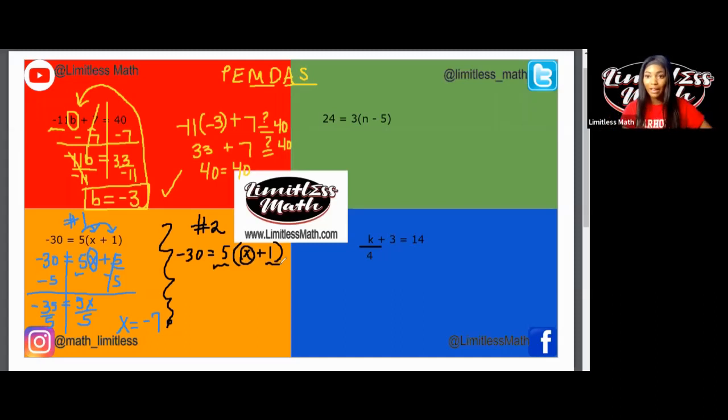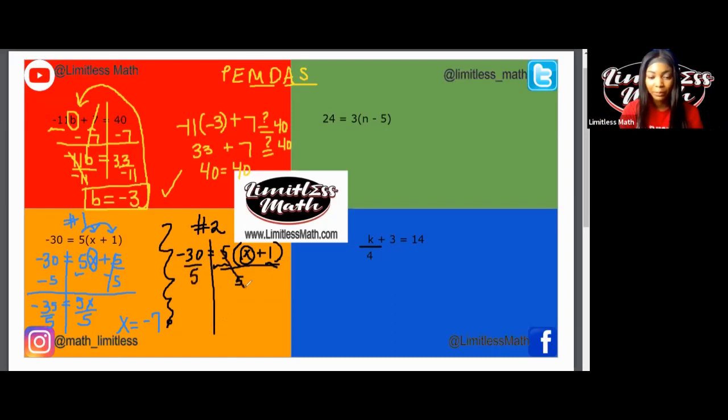So that 5 has to be moved first because it's outside of the grouping before we can get to the inside and take care of the 1. The 5, of course, was multiplication, so to undo it, we divide both sides of the equation by 5.